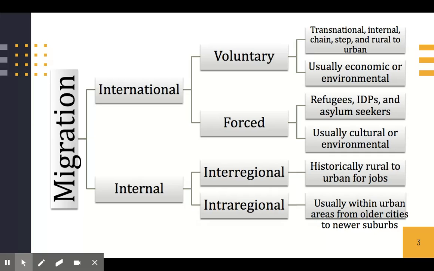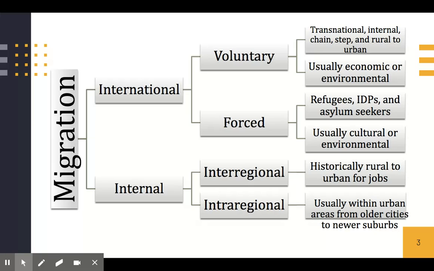So you saw this in the last video, but just as a reminder, we usually break down migration into international or internal. In the last video, we talked a little bit about the difference between interregional and intra-regional. So interregional, historically, is rural to urban for jobs, and intra-regional is usually within urban areas, from older cities to newer suburbs.